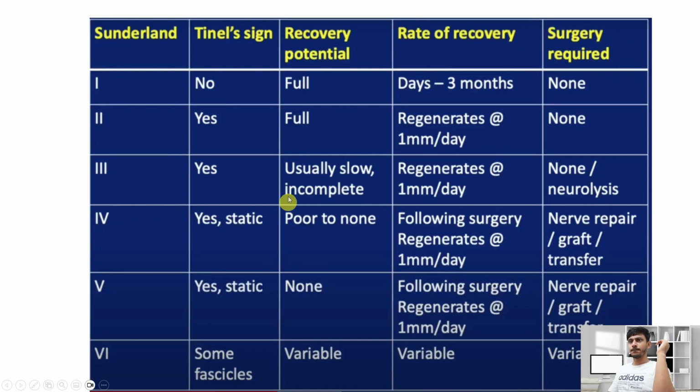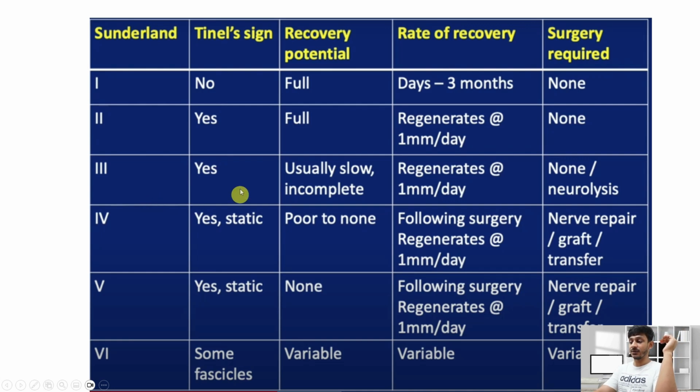As you can see here, Tinel sign is absent in Sunderland 1 or neuropraxia. I told you why: there's only myelin disruption, no axonal disruption as such. Tinel sign is present and progressive, an advancing Tinel, in grades 2 and 3, because the nerve regenerates from the proximal stump to the distal stump.